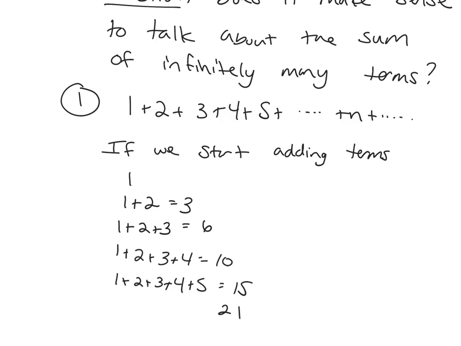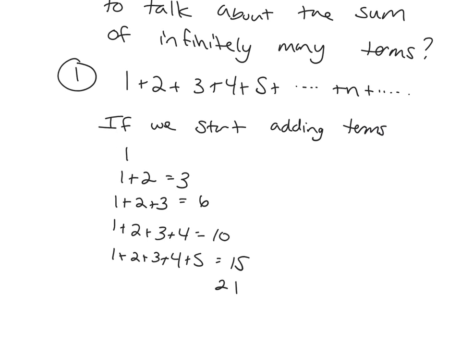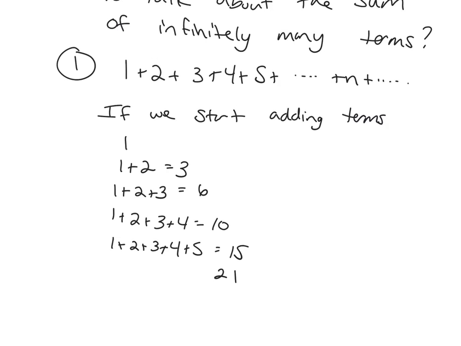And then you'll get 21. So it looks like if I just start adding up these numbers, and looking at the sums that I'm getting, they look like they just keep growing, right?